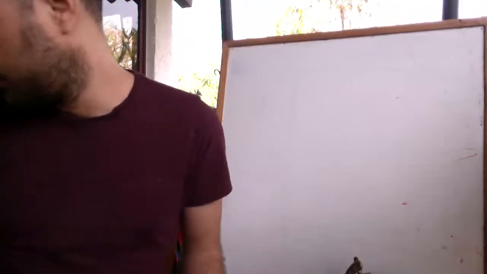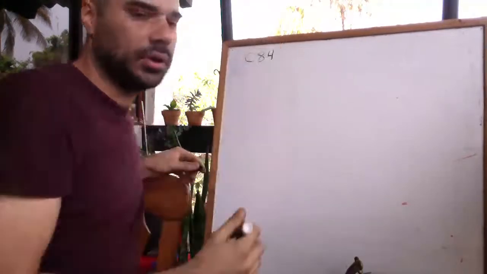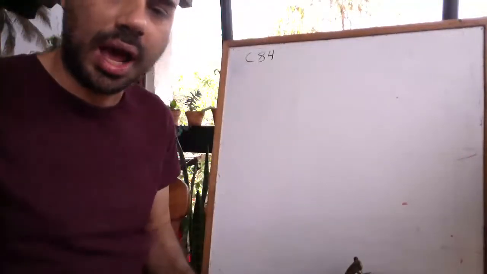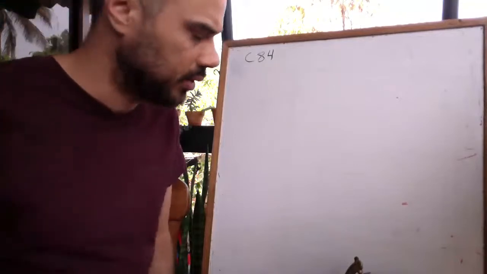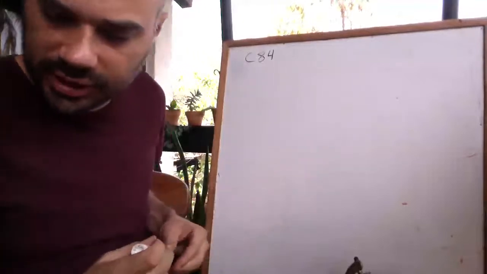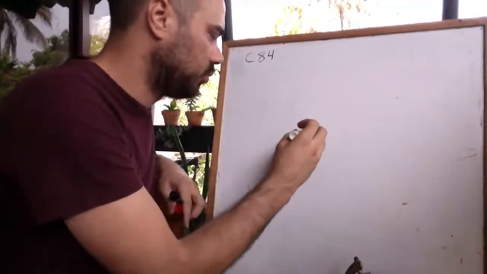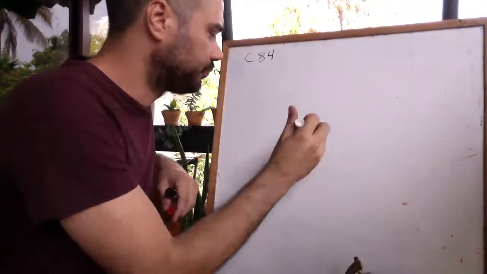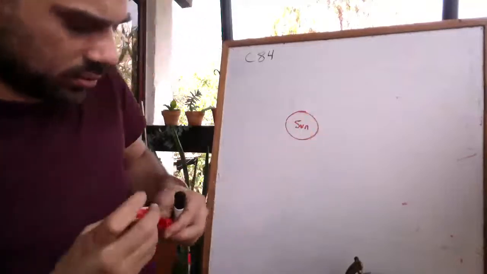If you can go to page C84, we will see what happens with this rotation of the Earth. We have the sun in the center, and we orbit around the sun. So this is the sun.